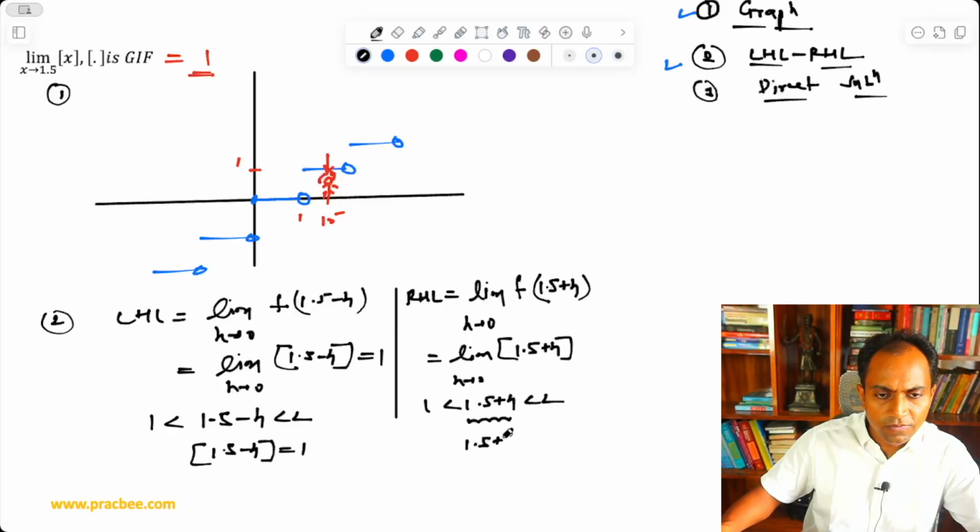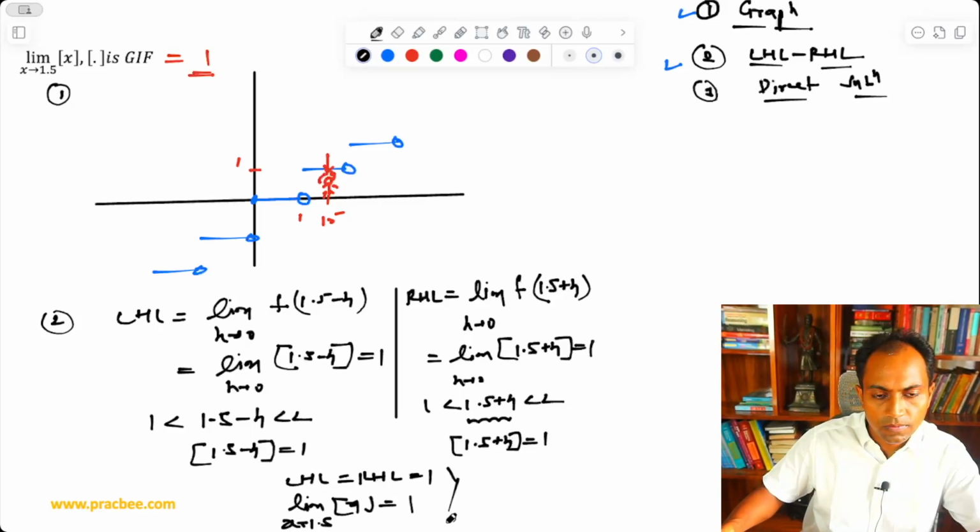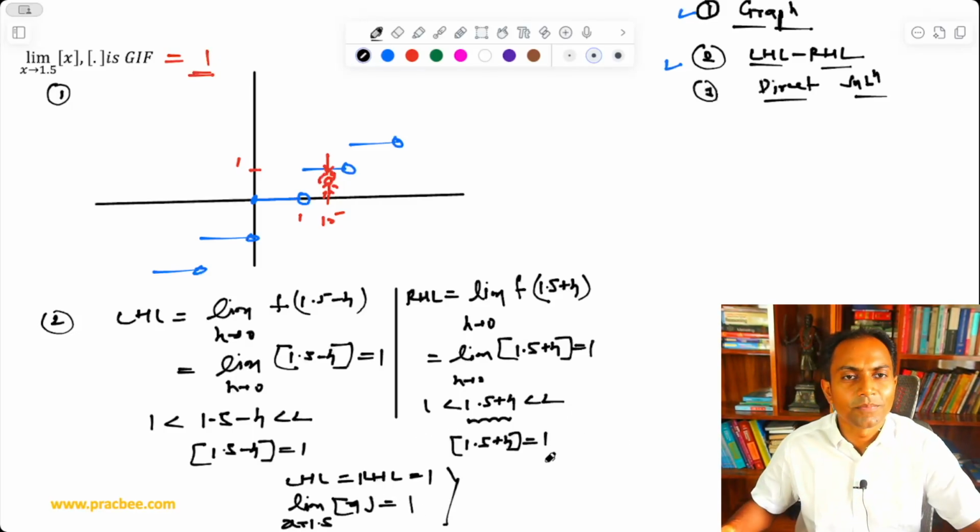So greatest integer function of 1.5 plus h will become 1. The answer again becomes 1. You can see that LHL and RHL are now equal. So the limiting value of the function, limit x tends to 1.5, greatest integer function of x, will be equal to 1. So this is an LHL RHL based method.